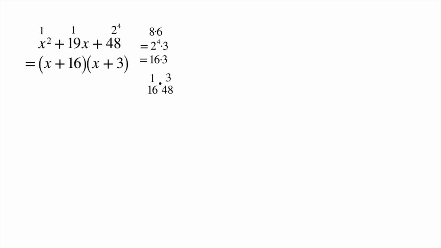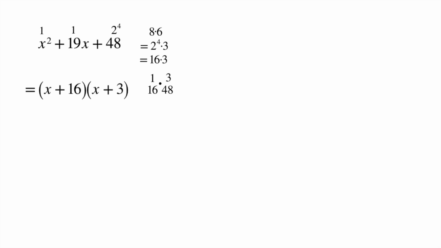Wait a minute, how can 16 be a prime number? Well, let me use dominant notation as in video 17. To factor this, we need to split 48 into 2 numbers, which makes the sum 19.